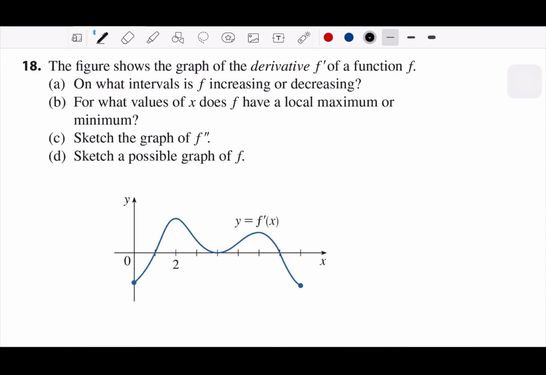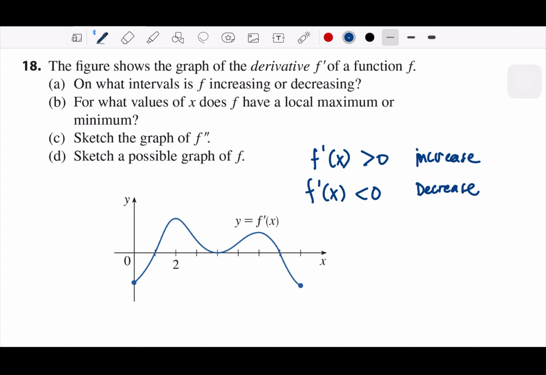So we need to stick to the definition of f prime: if this is positive, then f will be increasing, and if this is negative, then f will be decreasing. Since at 4 it's actually touching the axis, to write it more clearly we can write 1 to 4 and 4 to 7.